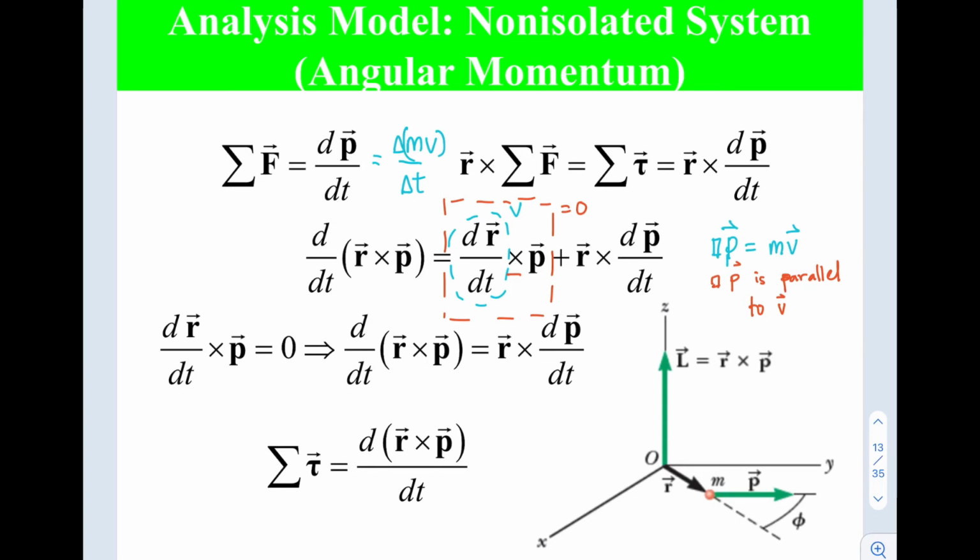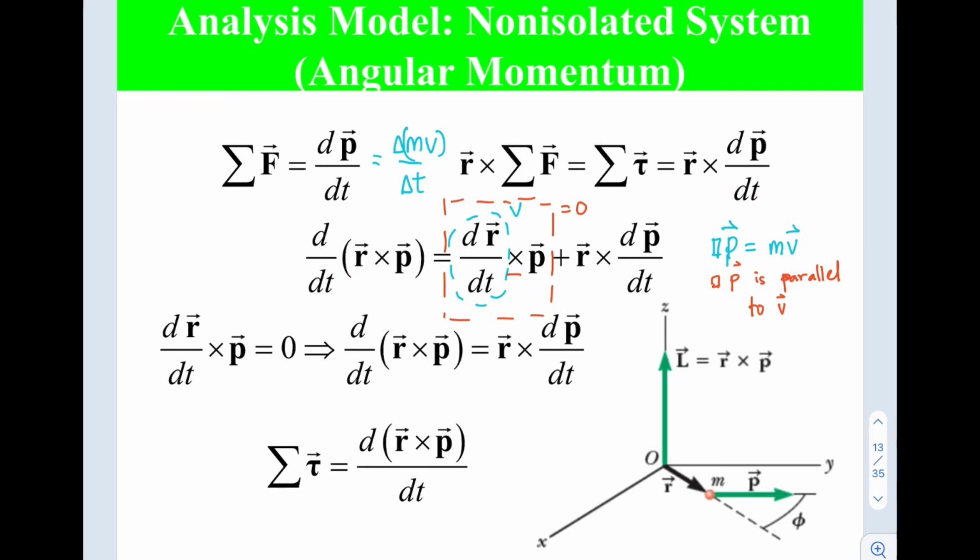Alright, so talking about torque just now, since the skater is moving in a circular path and rotating about a fixed point, which is the pole, the woman experiences torque. And we know that torque is defined as the cross product between r and F. So our torque just now is r cross dP over dt.